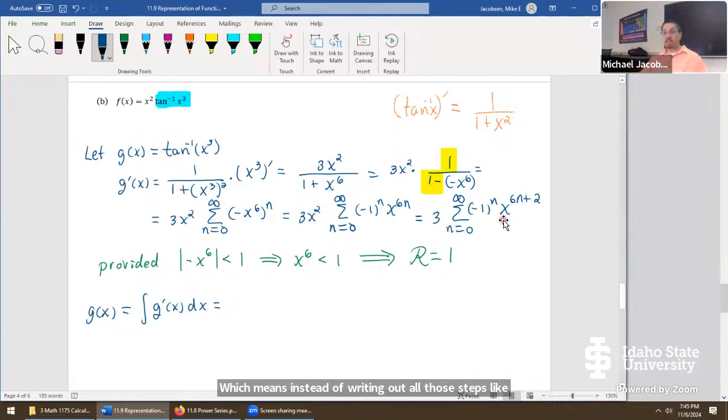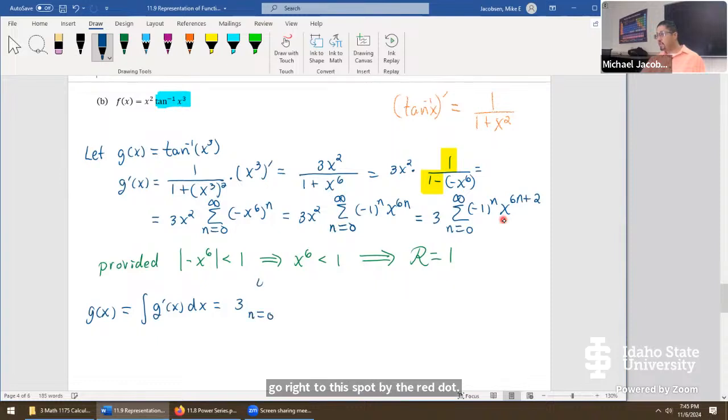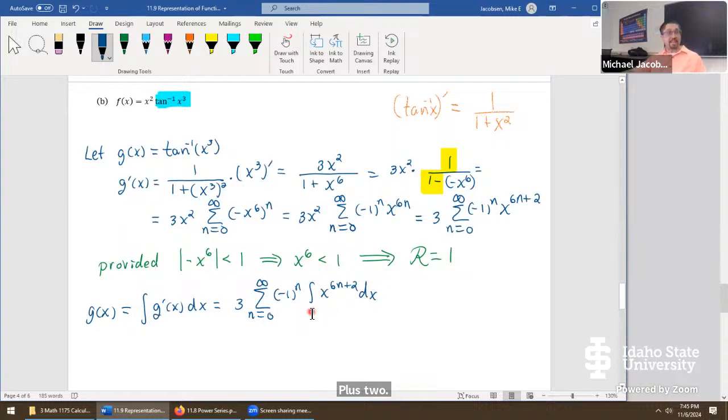Go right to this spot by the red dot. Write in the power series summation from 0 to infinity, -1 to the power of n, and then finally right here, integrate x to the power of 6n plus 2 dx. And if you just wrote in what the antiderivative of that is, that's an okay step to skip as well.